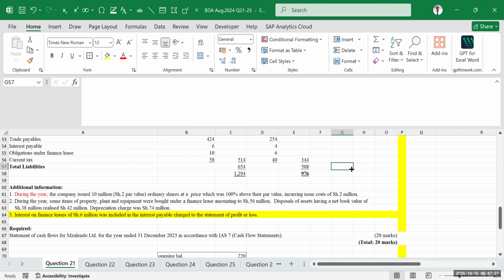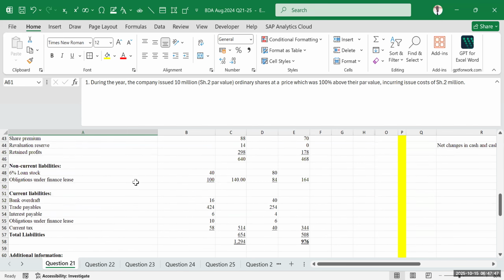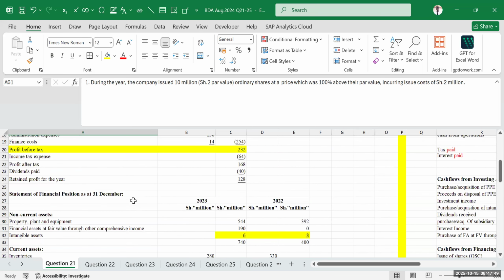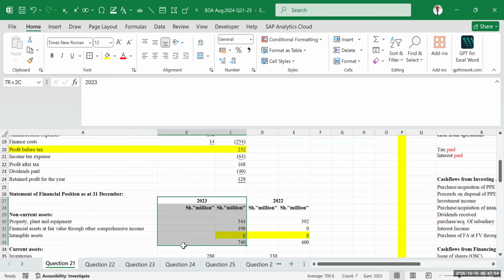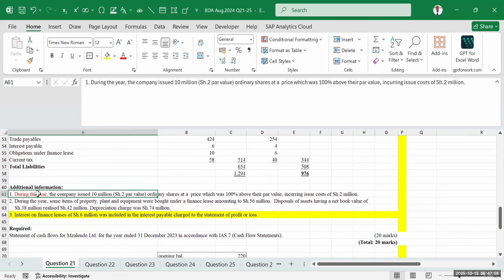During the year, the company issued 10 million shares at 2 shillings per share, that is the par value of the shares, and it was issued at a price which was 100% above their par value. And you realize that we are looking at the statement of financial position at the end of the current financial year, and this issue happened during the year.